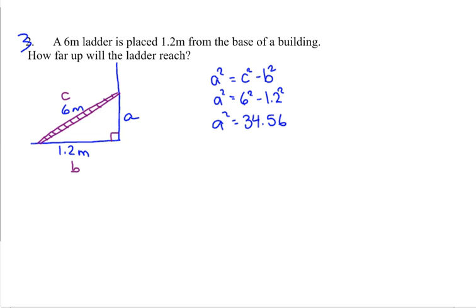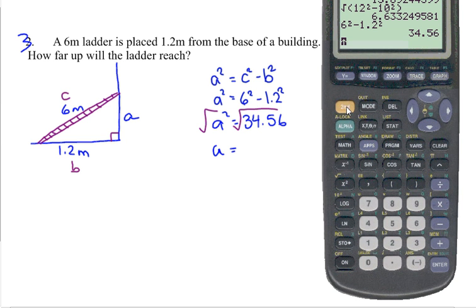Yeah or no? Okay, what would we do now to get A by itself? Sure, Taylor. We did C squared minus, we got this number. Square root both sides, yeah, to get A by itself, because the opposite of square is a square root. And that gives you, so you can go second square root, 5.9 meters.